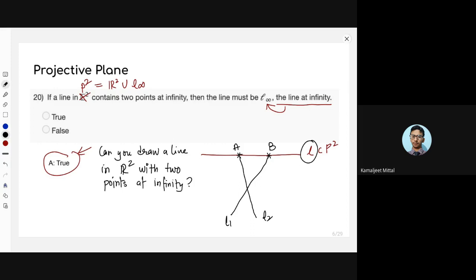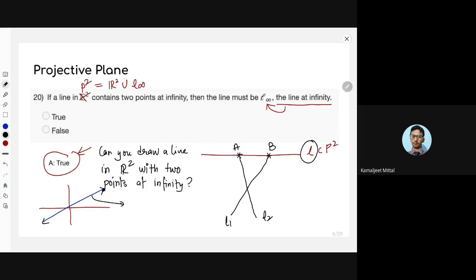If I'm talking about lines in R2, it meets L infinity at the end points, and it goes to the same point. This end goes to the same point, and this end also goes to the same point, at L infinity. So a line only intersects L infinity at a unique point.